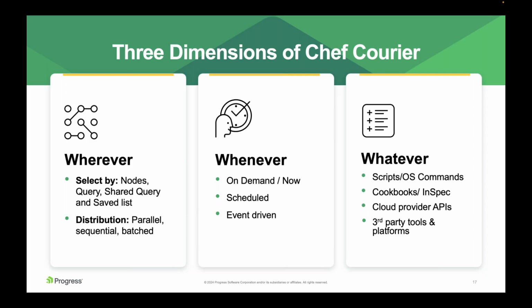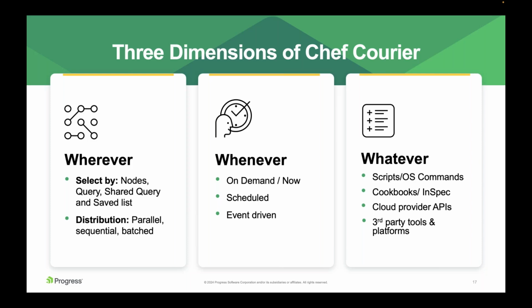Starting with wherever, like the word suggests, with the wherever dimension, you have complete control over where a particular change has to be rolled out. Which nodes? Is it a singular node? Is it a group of nodes? Or is it the entire fleet? This becomes particularly useful.